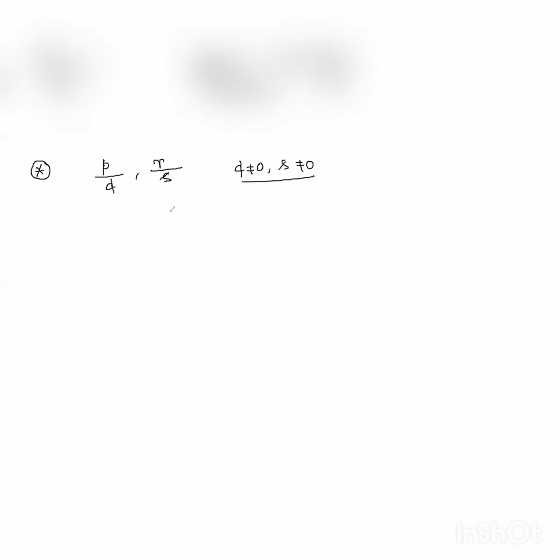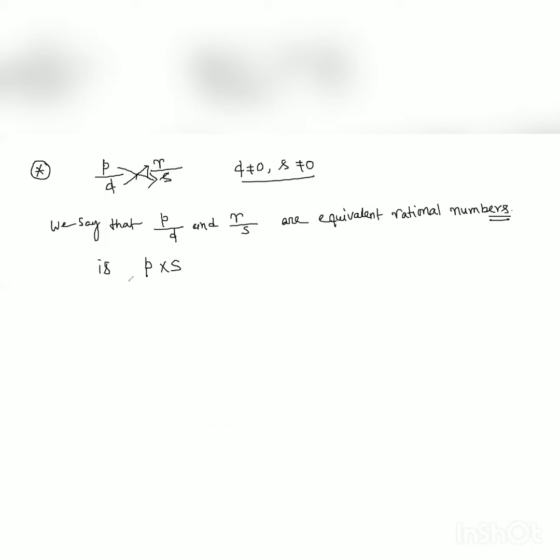Now we say that p by q and r by s are equivalent rational numbers if p into s is equal to q into r.